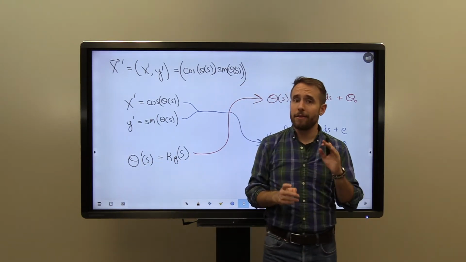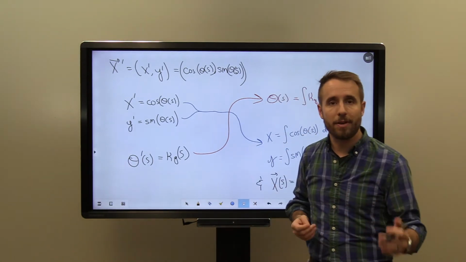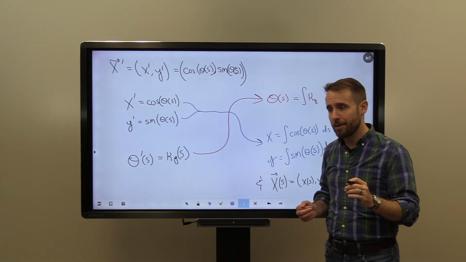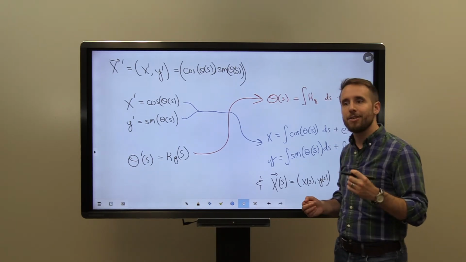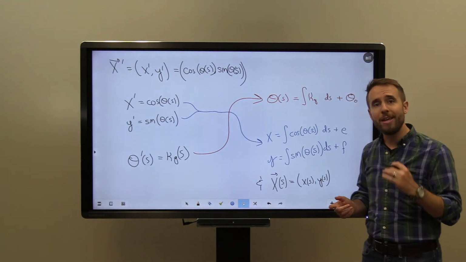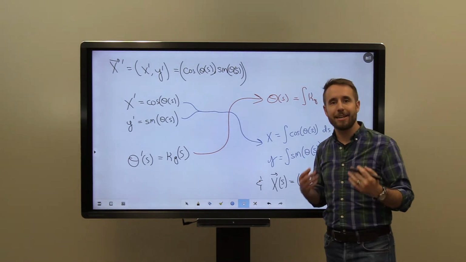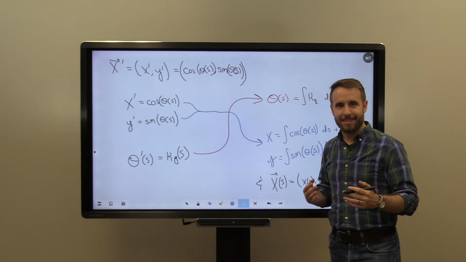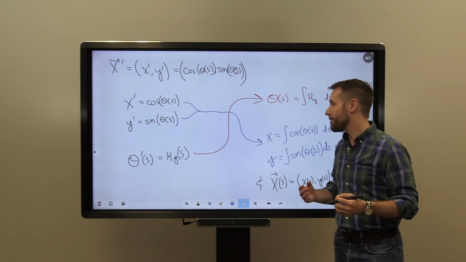So going back to the statement of the fundamental theorem, if we are given a piecewise continuous function kappa, we can integrate it, and we'll actually need to integrate twice here to recover our original x, our original parametrized curve.